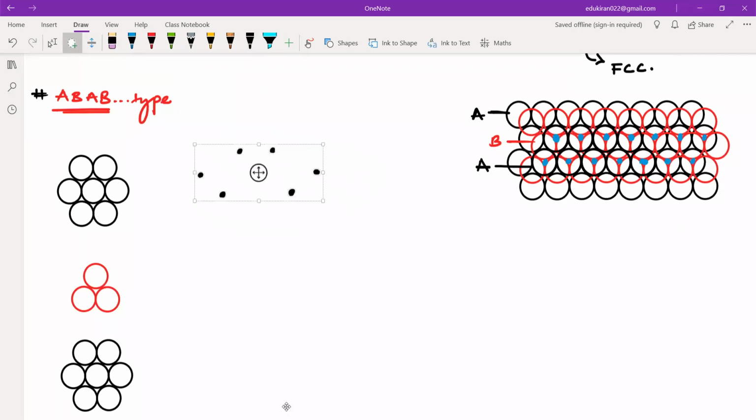I will copy this, and the same thing is present in here. So I will paste it here, and I will try to join it. Okay, fine. First of all, I need to get it aligned very nicely. I think it is fine. Now let me join these lines.